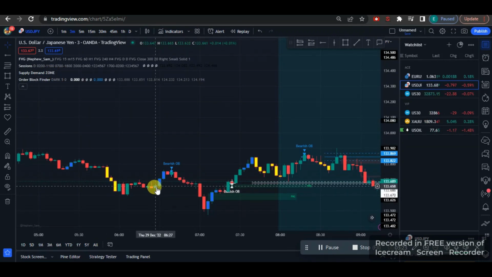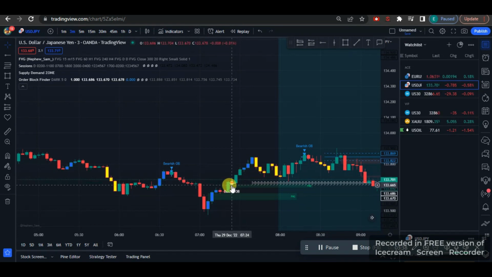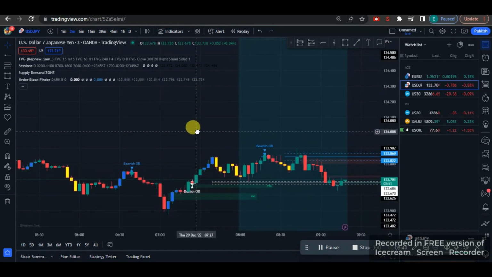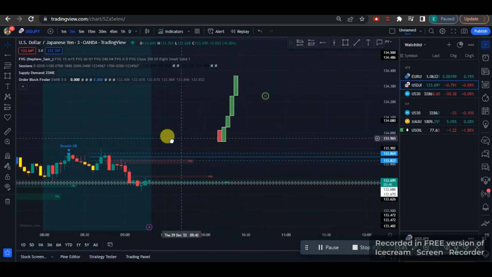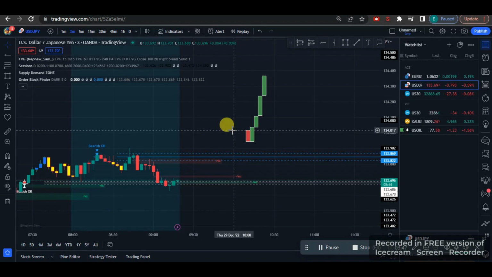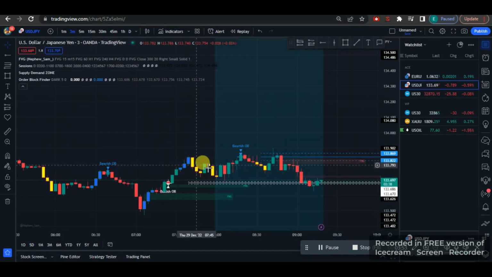I changed the color of my demand zone to blue, so when I see a blue candlestick instead of a green one, I can detect that this is surely a very good demand zone. You can see that there are 3 blue candlesticks here, and these 2 ends are the same color as this one, so it still indicates this is a good demand zone for me. When I see a blue candlestick, I just know this is definitely a demand zone, and when I see this golden or yellow candlestick, I know that this is definitely a supply zone.